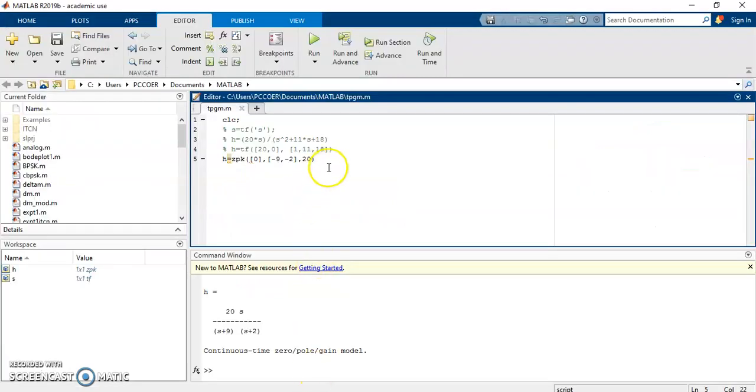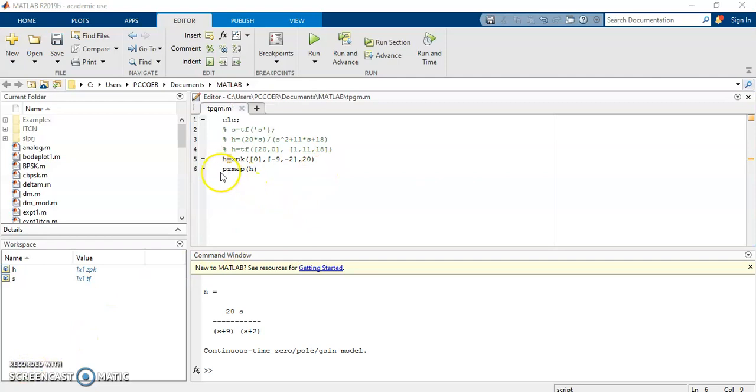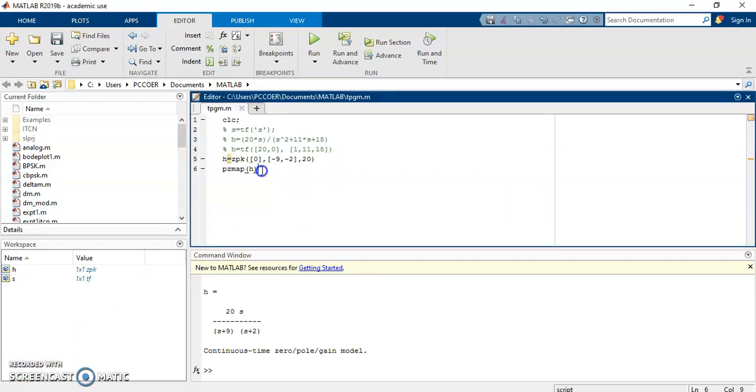Here you can plot the poles and the zeros in the s-plane. For that you use the command pzmap, pole zero map, and inside the bracket write down the transfer function. I have written the command pzmap h.